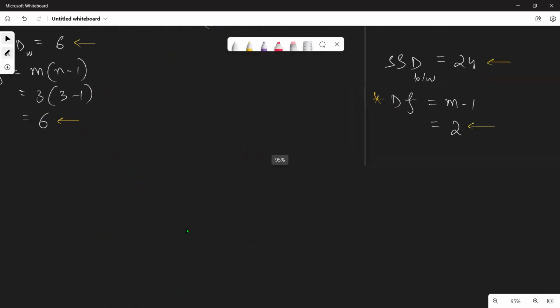So, let us see. Again, it's simple. The formula is very simple for F-test. The way you calculate the elements of the formula is time consuming.